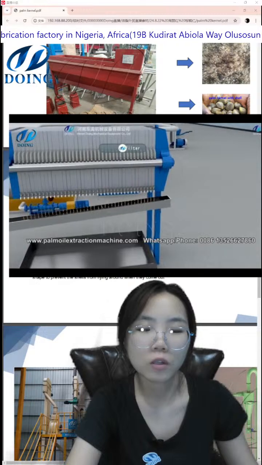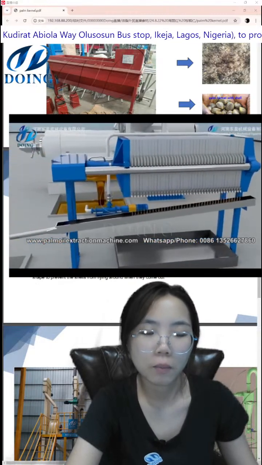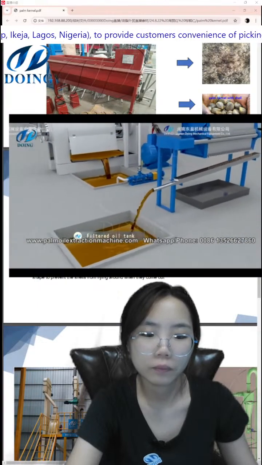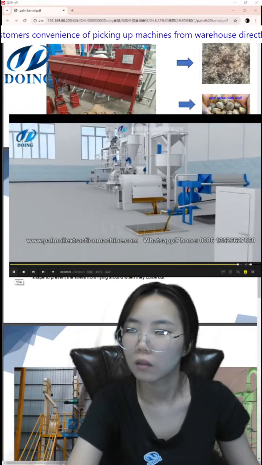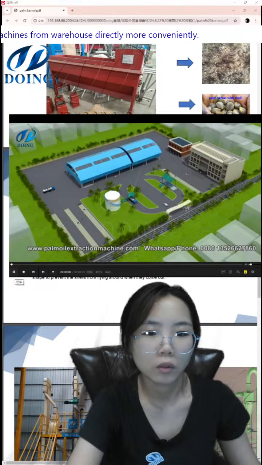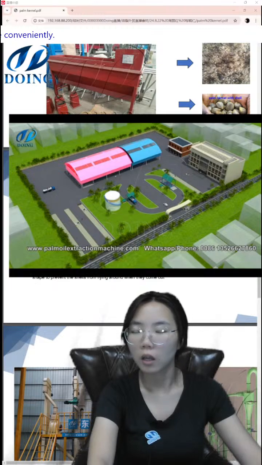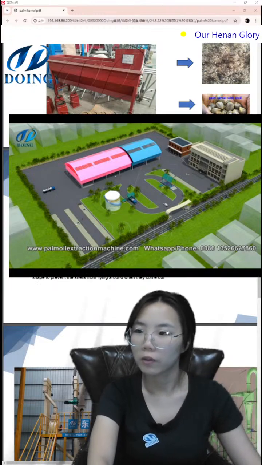And this filter can remove the water and impurities in the crude oil. We can see. Okay, this is a complete production video.